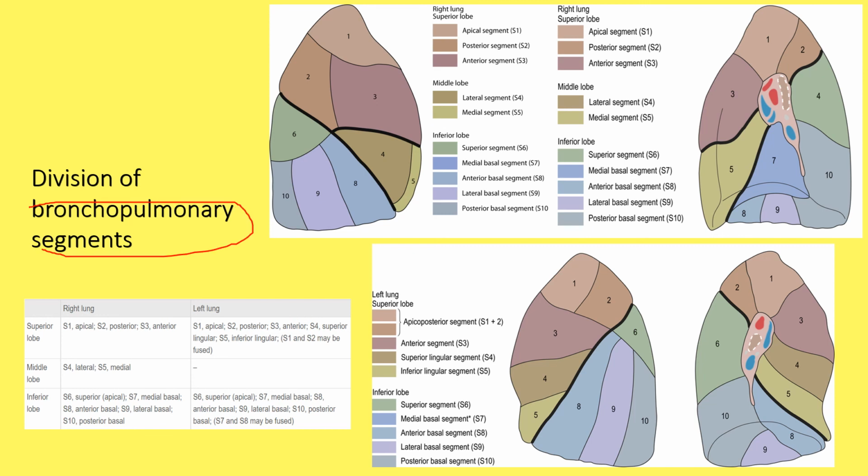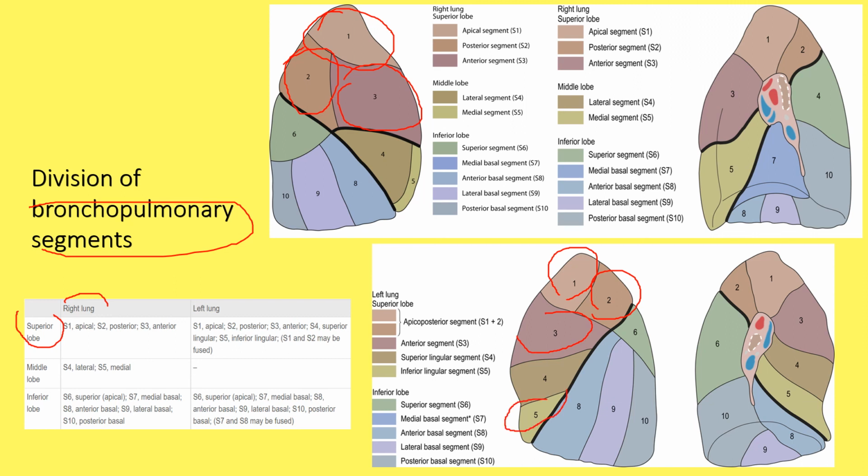For the right lung, for the superior lobe, I'll just give a few examples: the apical bronchopulmonary segment, the posterior bronchopulmonary segment, and the anterior bronchopulmonary segment. For the left lung, which has two lobes, the superior lobe has the apical segment and the posterior segment, the superior lingular segment, and the inferior lingular segment.